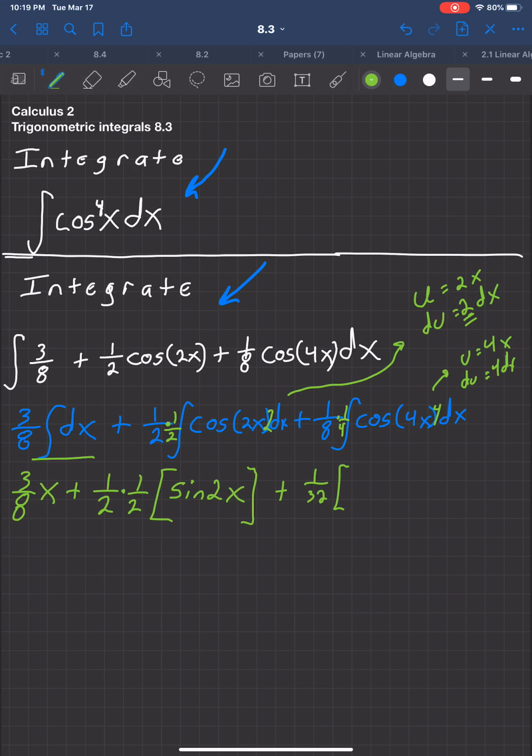We can simply integrate cosine of u with respect to u, and back substitute for x, which gives us sine of 4x plus c. All right, so all I'm going to do is clean this up: half times a half, write that as 1/4.